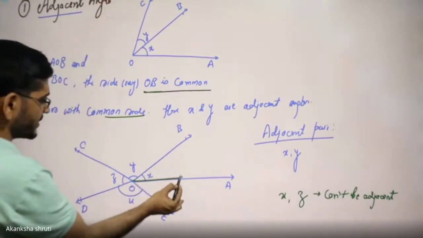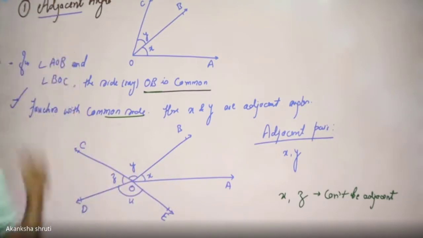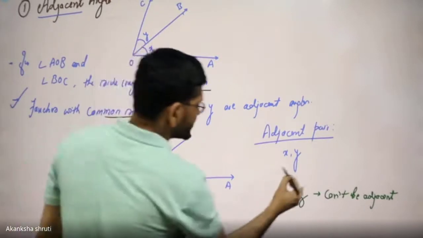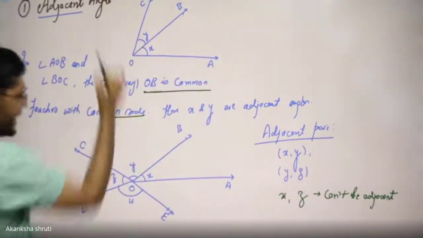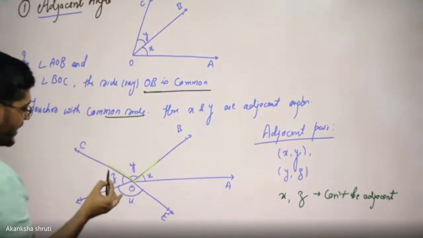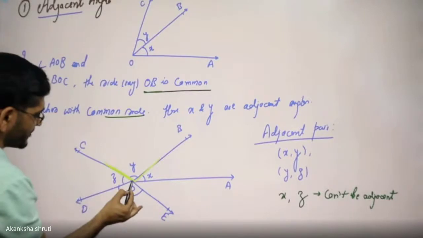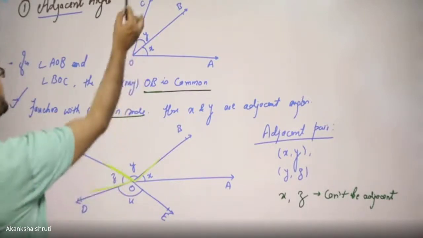Like here X and Y, Y and Z. Even if we consider Y and Z, they can surely be adjacent. We have to see where Y is formed. It is this one. And where Z is formed with this common side, this one. So this side is common.